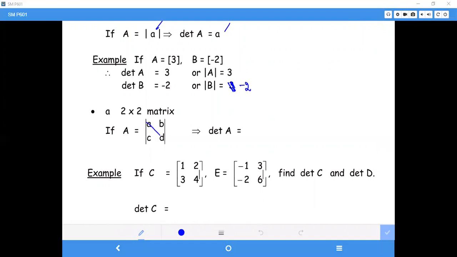You multiply down, you get AD, and you multiply up like that, you get BC. Then we say multiplying down minus multiplying up. So you are going to have AD minus BC. That is how to find a determinant. Okay, that's how you find your determinant.